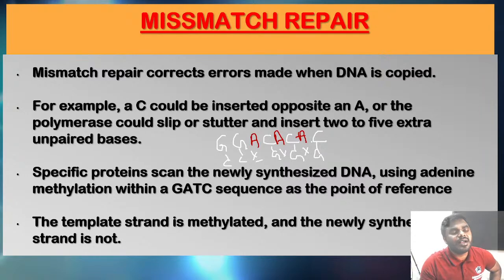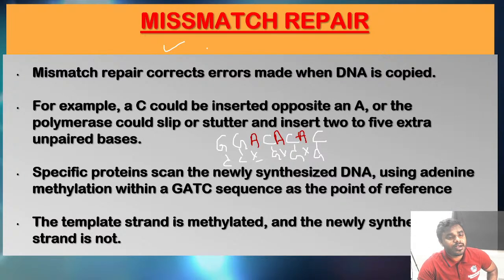Now, if the same genetic information passes to the next generation, friends, undoubtedly it will cause a mutation. So we have to repair this particular damage. How are we going to repair this damage? By a repair called the mismatch repair mechanism.